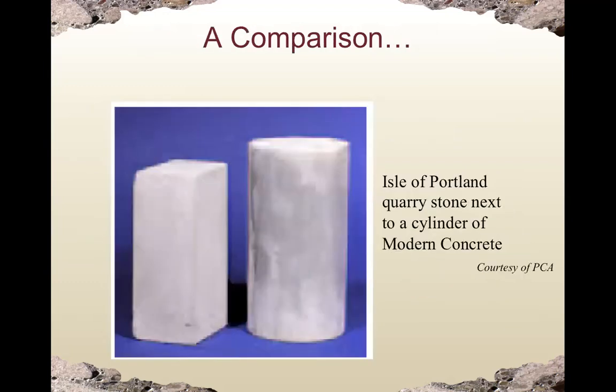As we can see from here, we have two samples. The quarry stone, on the left, has a gray color, and on the right is modern concrete. So the colors of these two materials are almost the same, and that's the reason why we call it Portland cement. Okay, just a name.